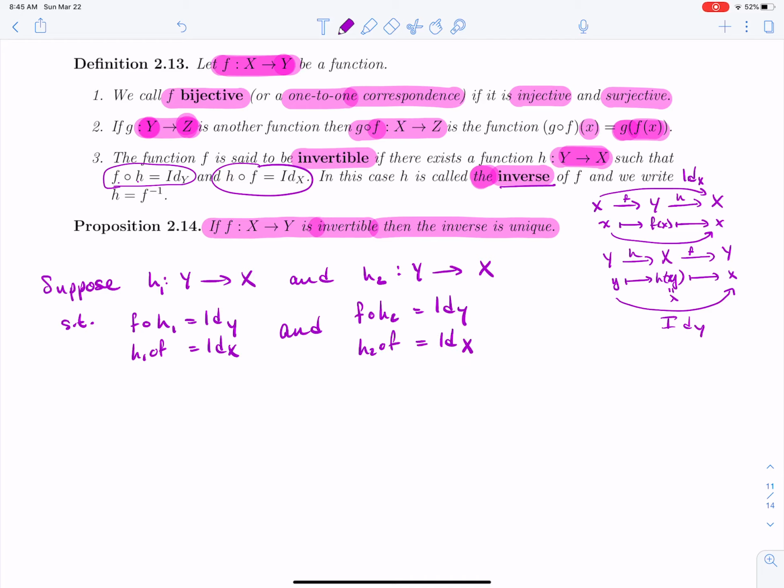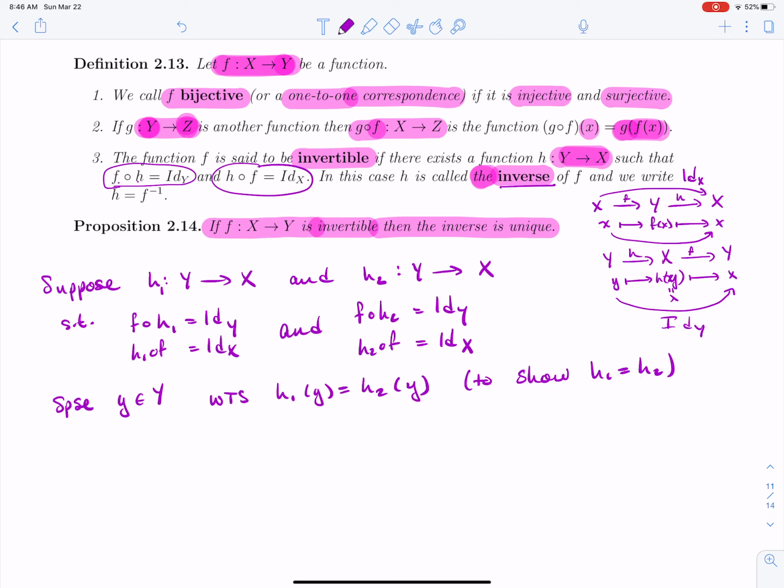Okay, so we have got a lot of stuff going on. So let's suppose we have a little y contained in capital Y, and we want to show that h1 of y is equal to h2 of y. That would show that h1 equals h2.